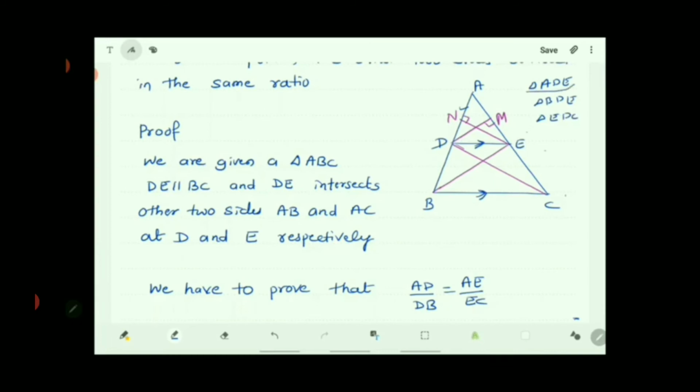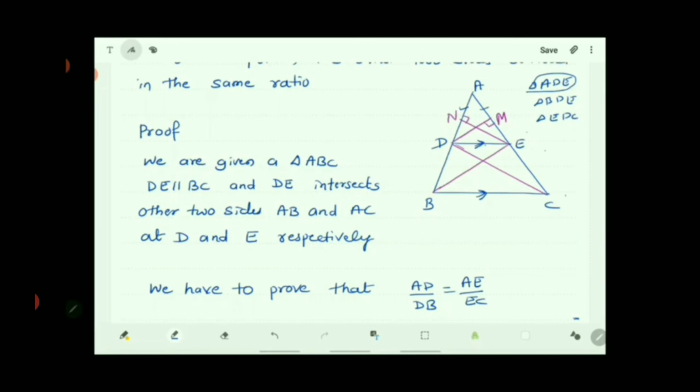If you take the triangle ADE, to find the area of the triangle ADE, here there are two heights. One height is EN and the other height is DM. If you take the height EN, then you have to take the base as AD.